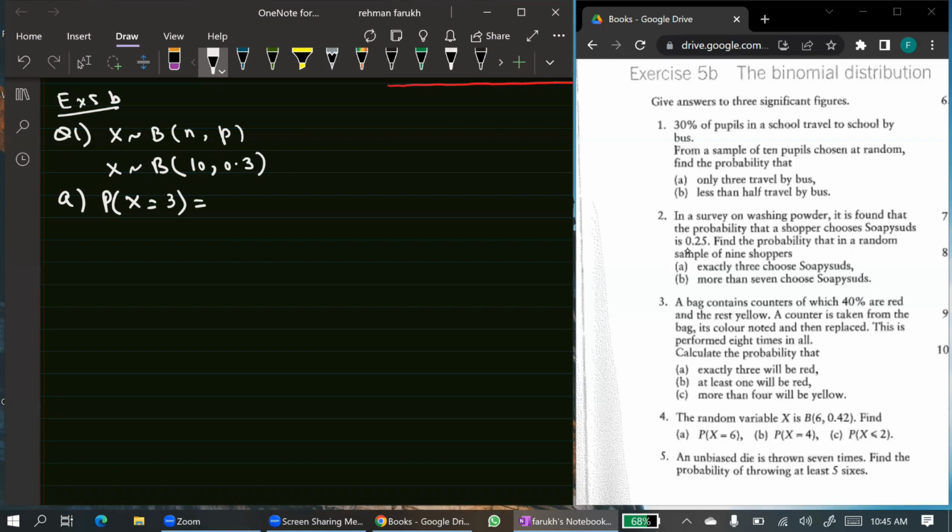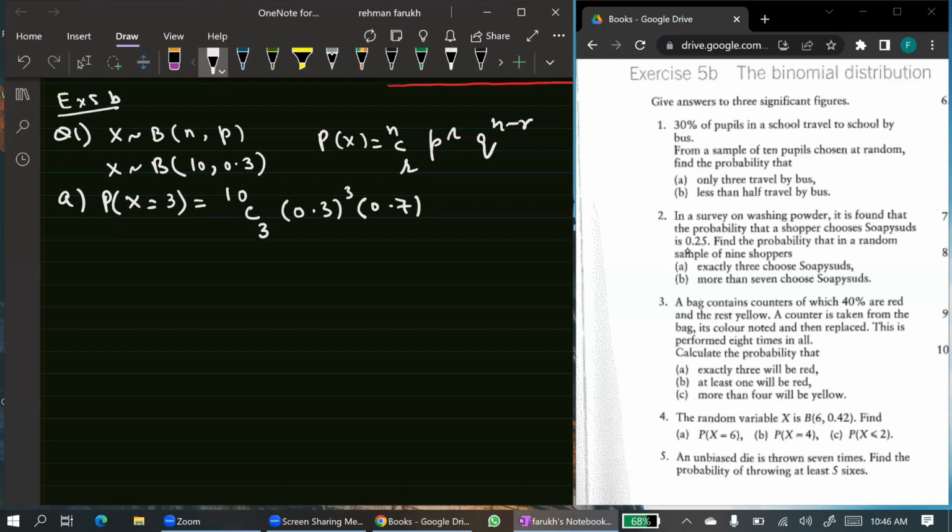Now, the formula is nCr p raised to r q raised to n minus r. n is 10. 10C3, we need 3 successes, so 0.3 power 3.